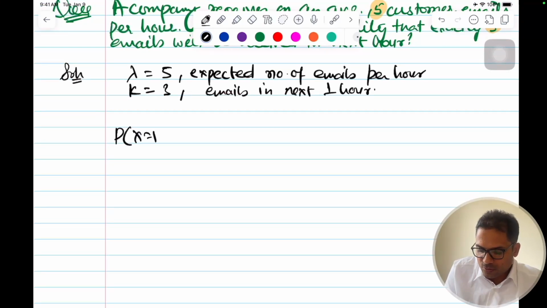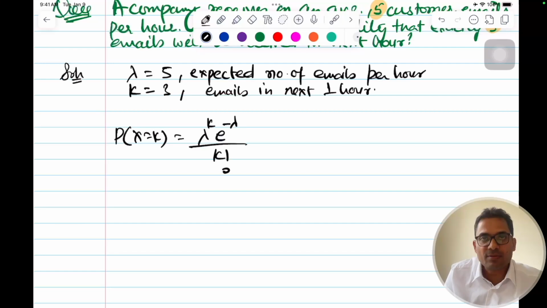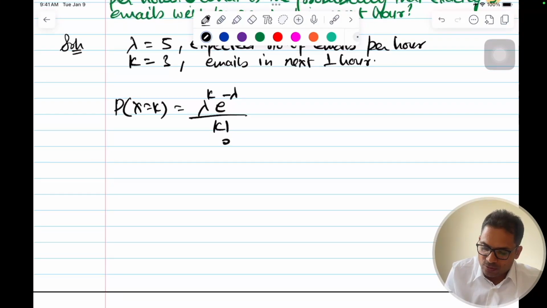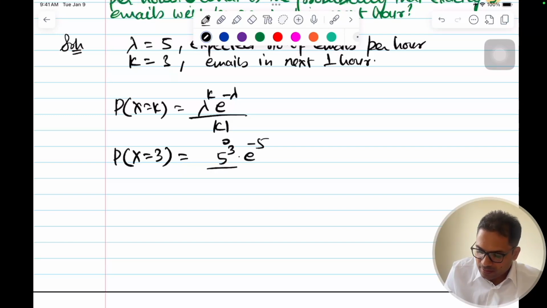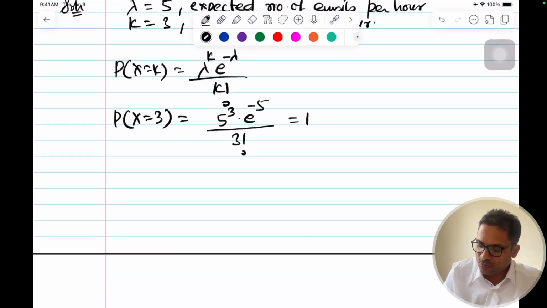Probability of X equal to k is given by lambda to the power k, e to the power minus lambda, divided by k factorial. Here k is equal to 3. So P of X equal to 3 is equal to 5 to the power 3 into e to the power minus 5, divided by 3 factorial. This is equal to 125 into e to the power minus 5, divided by 6.